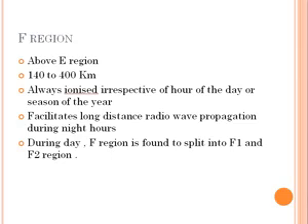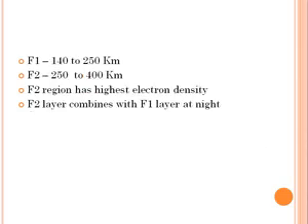As we have seen earlier, during daytime, F region is split into F1 and F2 region. The F1 region is coming from 140 km to 250 km, and F2 region from 250 km to 400 km.